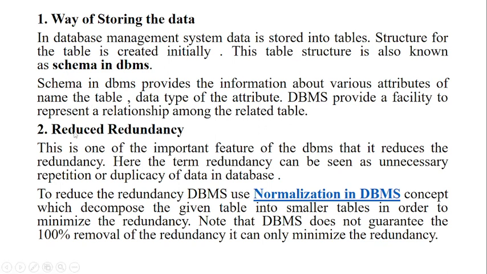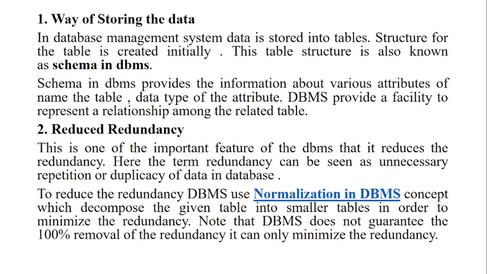Now the second characteristic, that is the second feature, is reduced redundancy. Redundancy here refers to the repetition or duplication of data. For example, if you are following a traditional file system, then there may be chances that we store the same data multiple times.